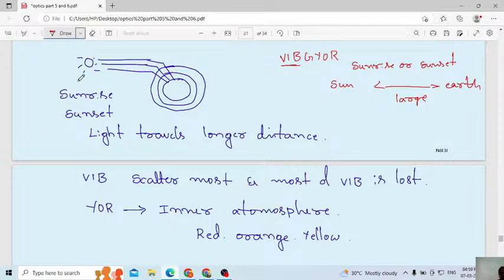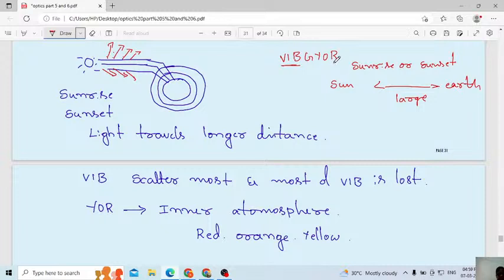Therefore, even though violet, indigo, blue scatter most, scattering means spreading of light in different directions. So all the violet, indigo, blue lose their colors by scattering. Whatever is remaining is yellow, orange, red.